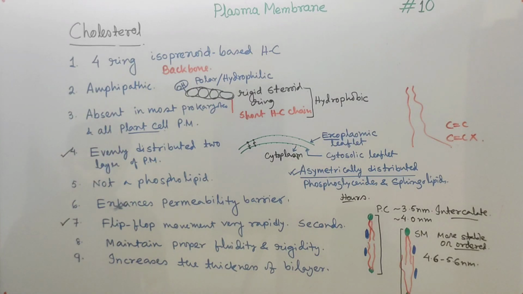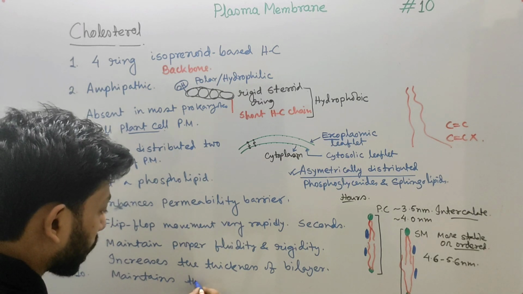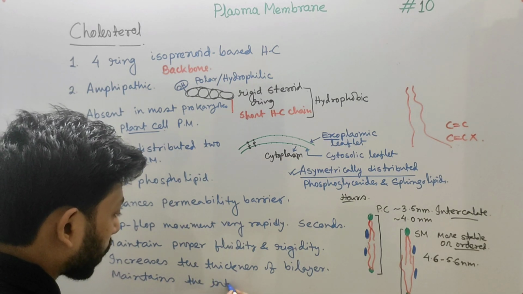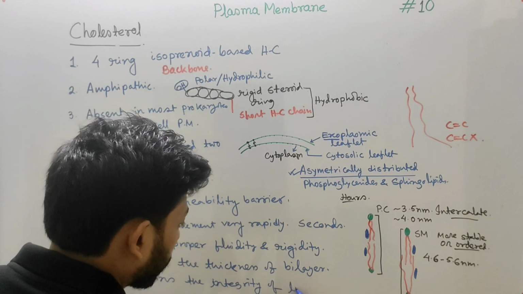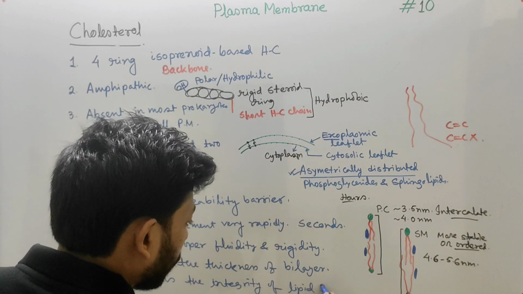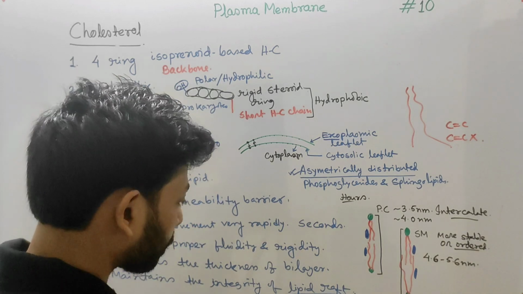The last point we have to remember about the importance of cholesterol molecules in the plasma membrane: cholesterol maintains the integrity of lipid rafts. Now what are lipid rafts? I will explain in another video.